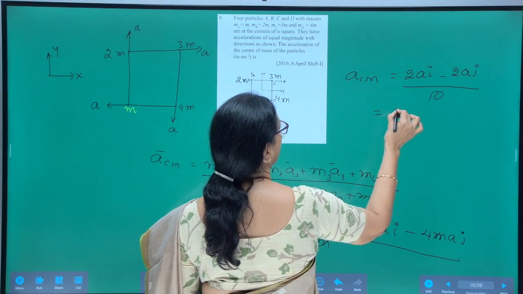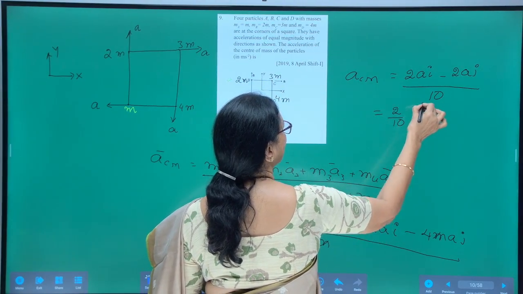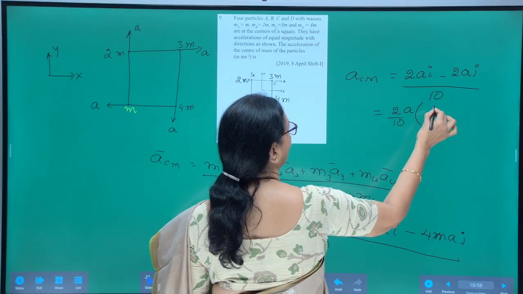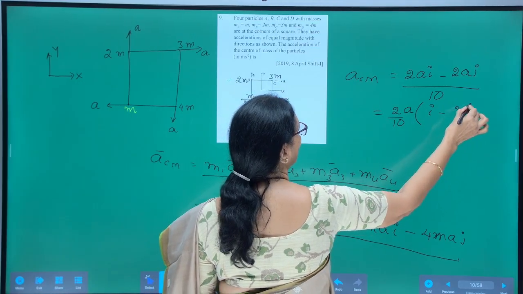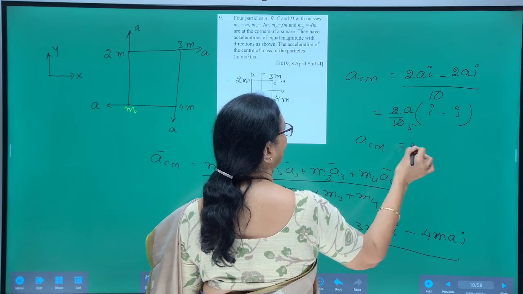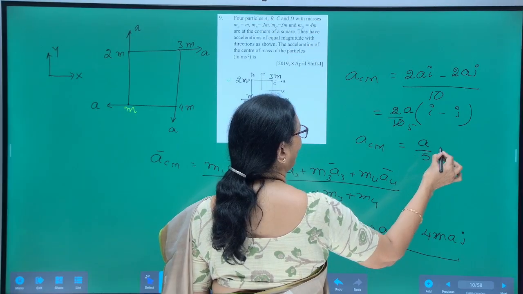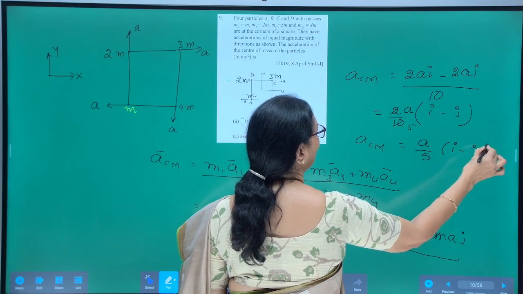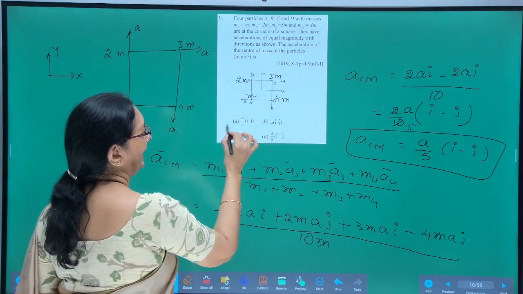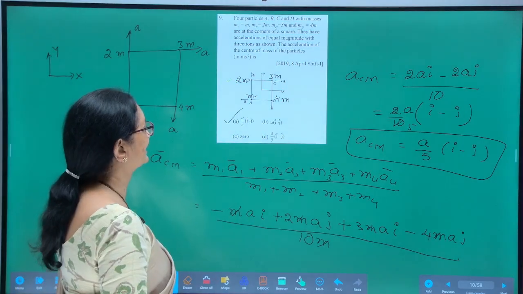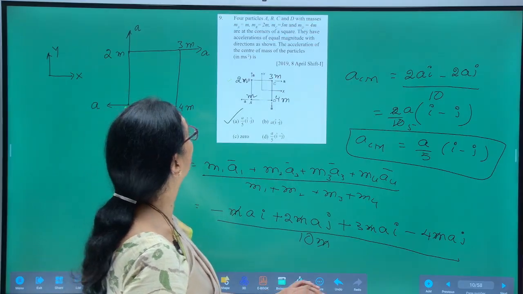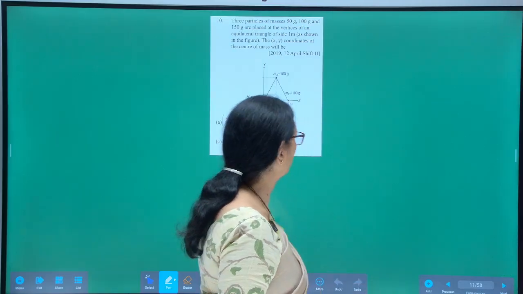So this is 2 by 10. If you take a also as common factor, acceleration of center of mass is a by 5 (i bar minus j bar). So a by 5 (i bar minus j bar) is the answer. Okay, that is the acceleration of center of mass. Move on to the next.